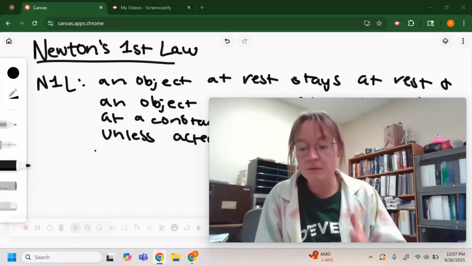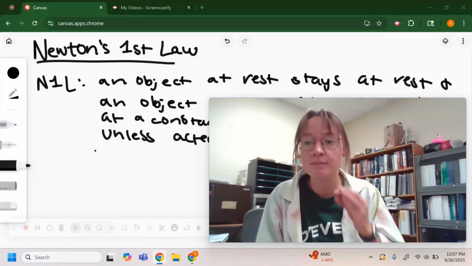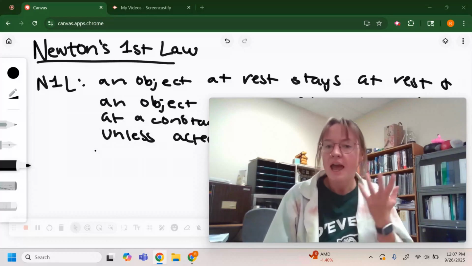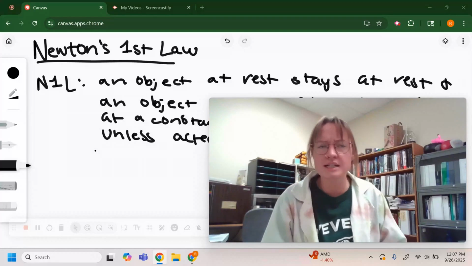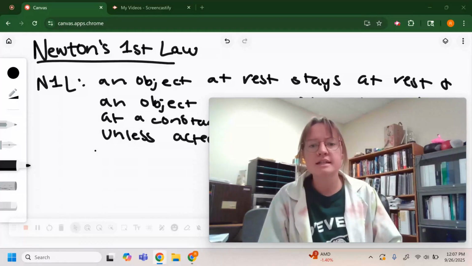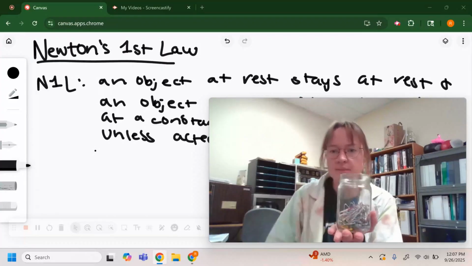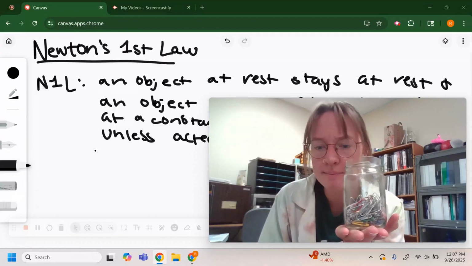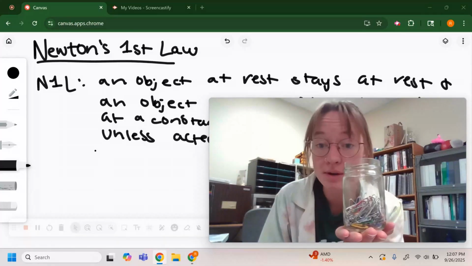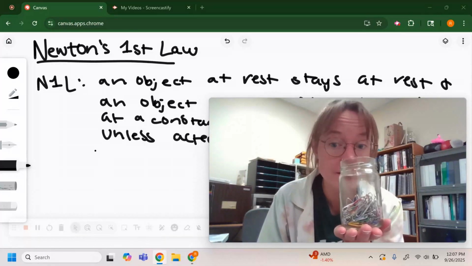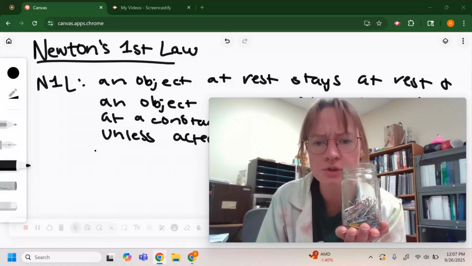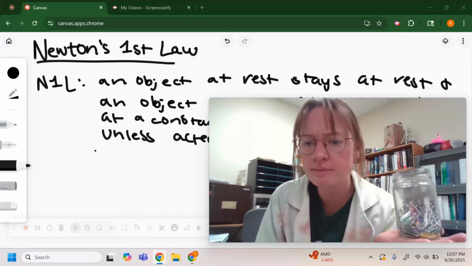It's plenty good to describe motion, but what actually makes motion happen? Aristotle said it doesn't seem that motion is a natural thing. If I have my jar of paper clips sitting right here, this jar of paper clips isn't just going to start moving on its own. That would not be natural. That would be weird. Jars of paper clips don't just start moving.